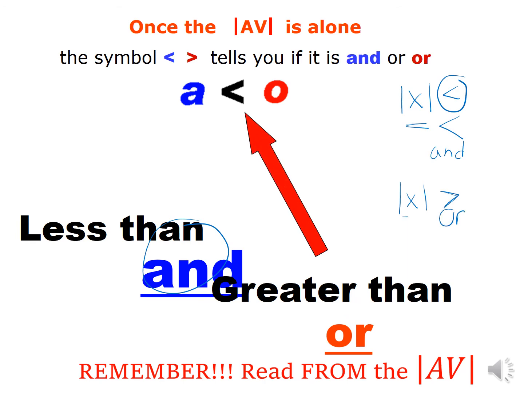Greater, we're reading from the absolute value. Greater, it's an OR problem. Okay? Read from the absolute value just like you read from the variable. Everybody got that? Another way to remember is that AND comes before OR in the alphabet, but I think this AND and OR is much better and it'll get into your brain a lot quicker.